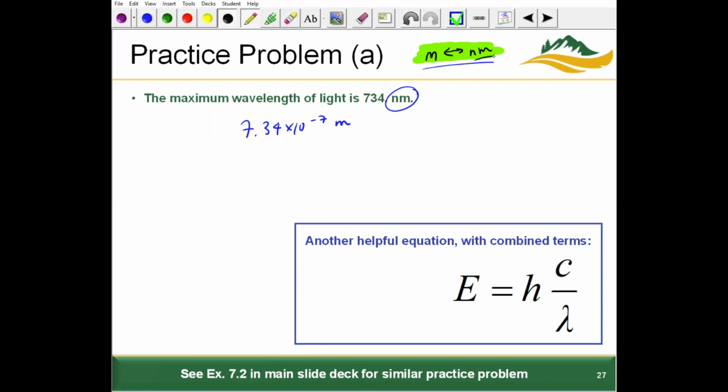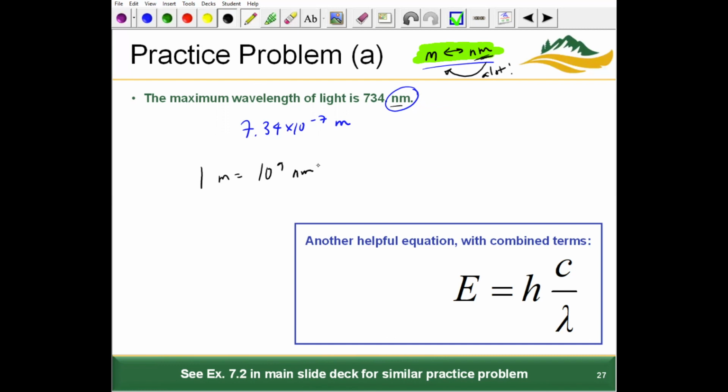So a nanometer is really, really tiny. So 1 nanometer is equal to 10 to the negative 9th meters. Because a nanometer is really tiny, we're going to have a whole lot of nanometers in 1 meter. That means for every 1 meter, we're going to have 10 to the 9th nanometers.